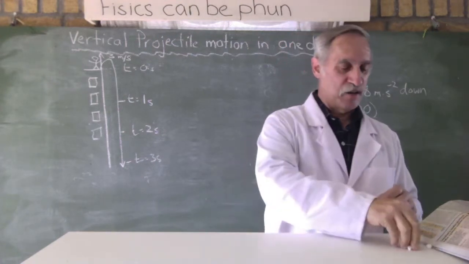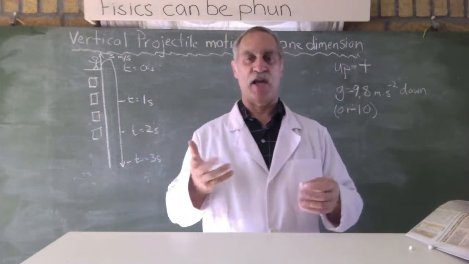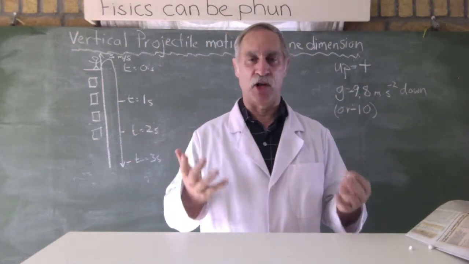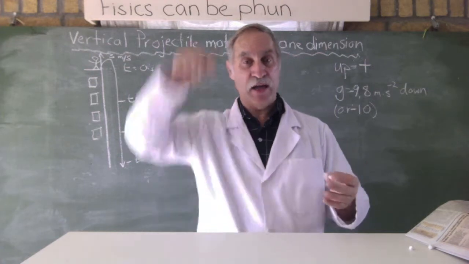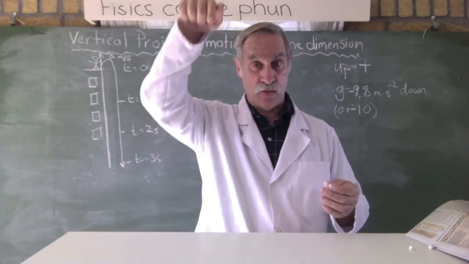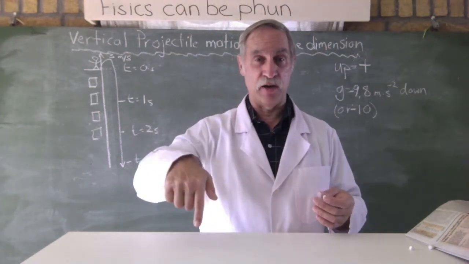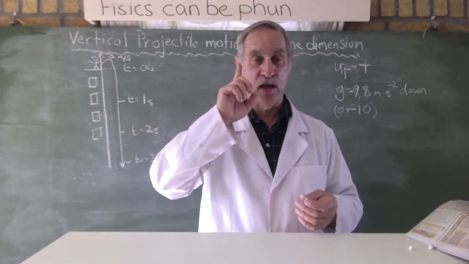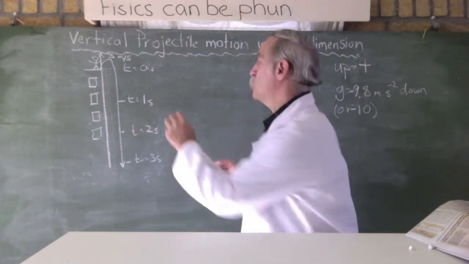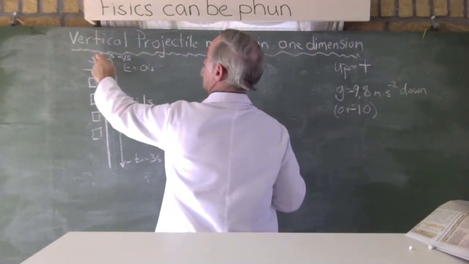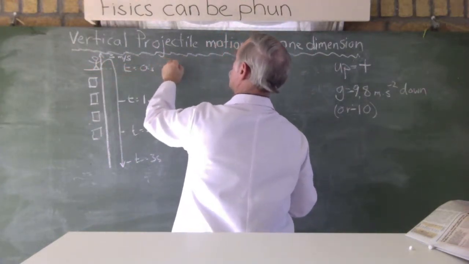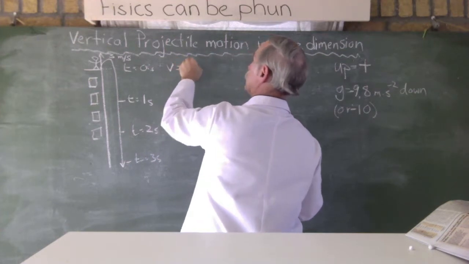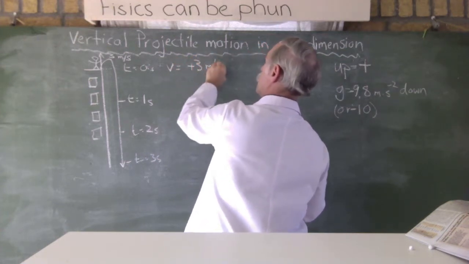Now let's work it out. What is happening is that every second the velocity is changing by minus 10, right? It's losing 10 from what it started with. So after 1 second, if we start at time equals 0, our velocity is equal to plus 3 meters per second.